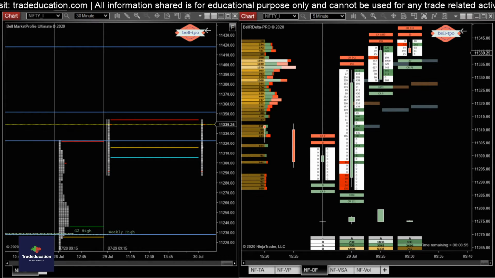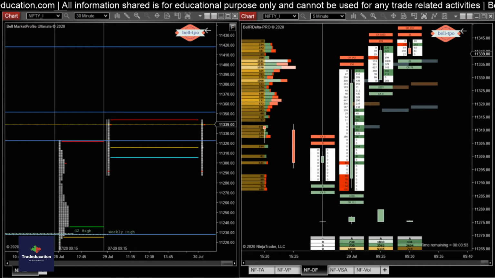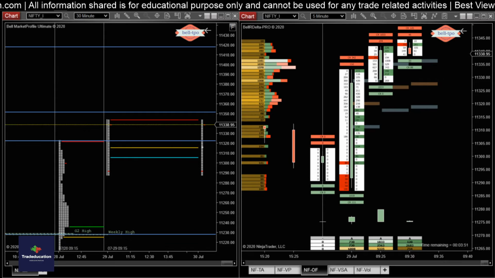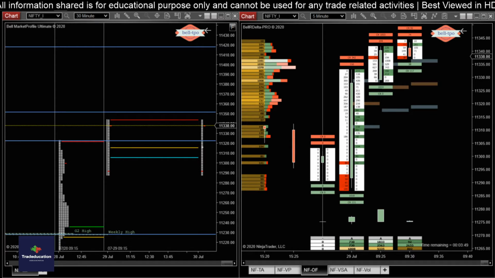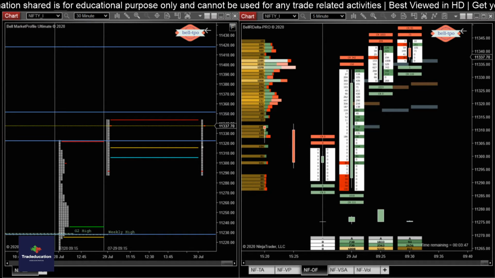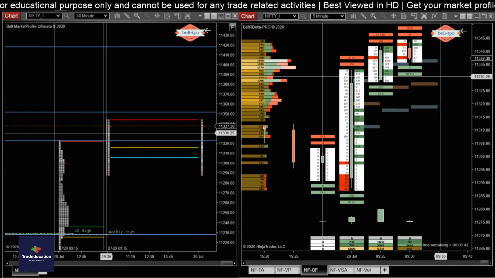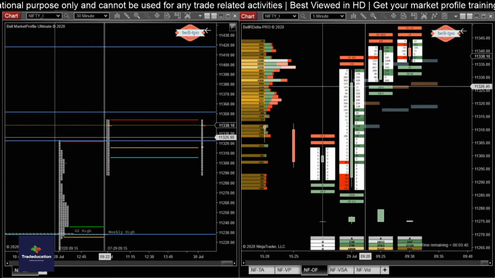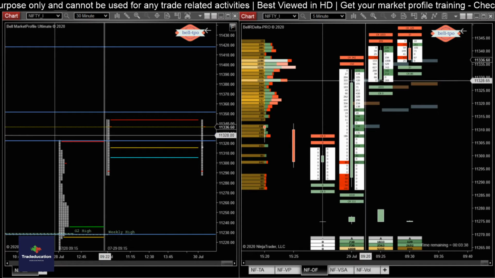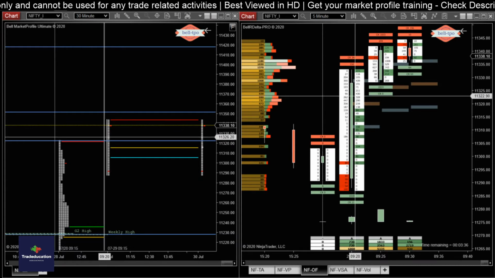Okay, so some profit booking is going on. That's why it looks like the sellers are stepping in, but there is some profit booking going on. And if you look at the order flow chart, we have got some stacked buyers in this zone.